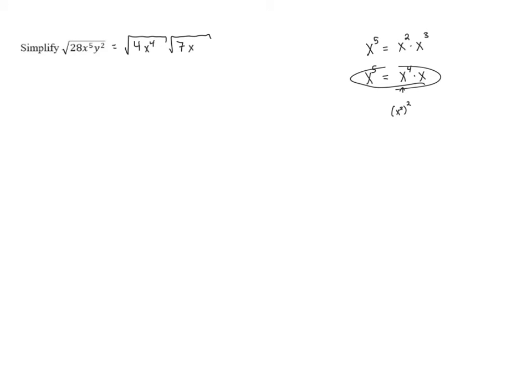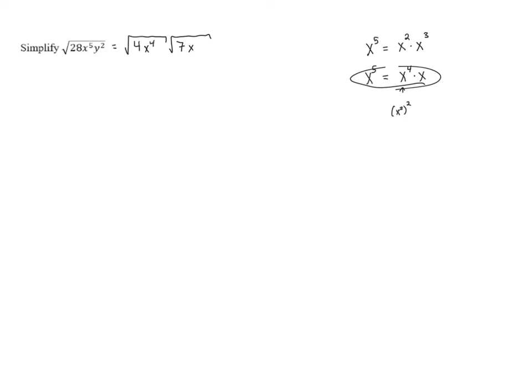The reason is that we want the radicand in the end to be as small as possible, so any perfect squares that exist in here we want to pull out. And if we had used this first factorization, the x cubed still contains an x squared that could be pulled out. So in this case, we've got x to the fourth times x.